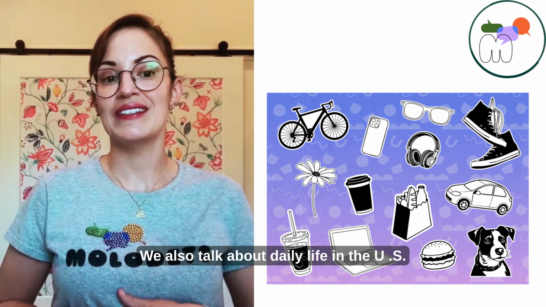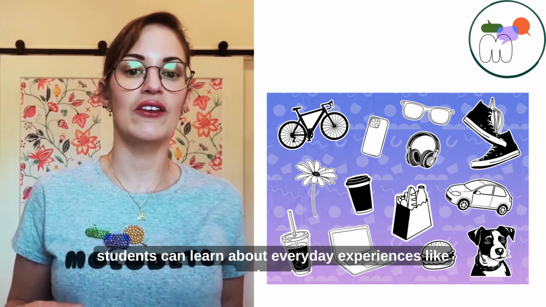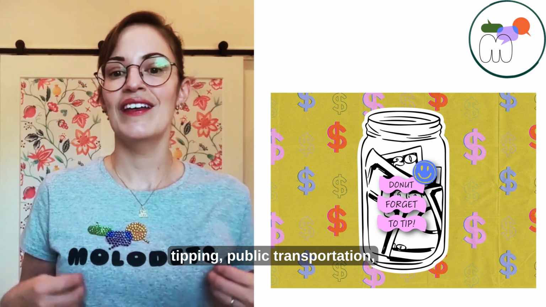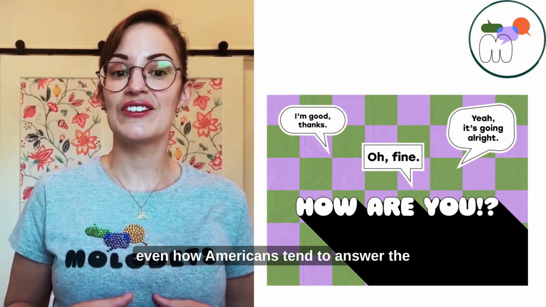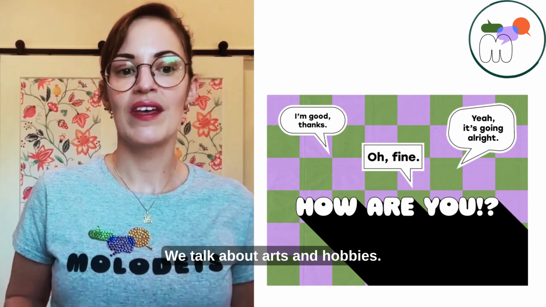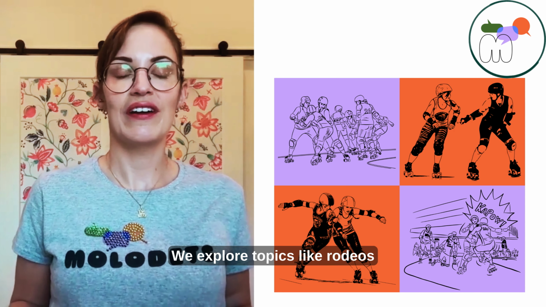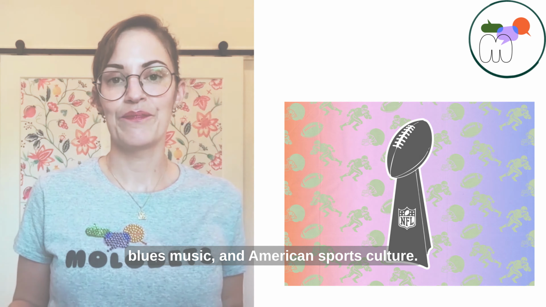We also talk about daily life in the U.S., so students can learn about everyday experiences like university life, workplace culture, tipping, public transportation, even how Americans tend to answer the question, "How are you?" We talk about arts and hobbies. We explore topics like rodeos and baseball, blues music, and American sports culture.